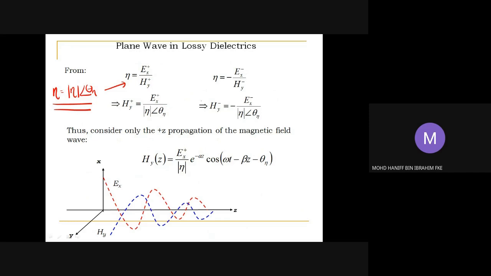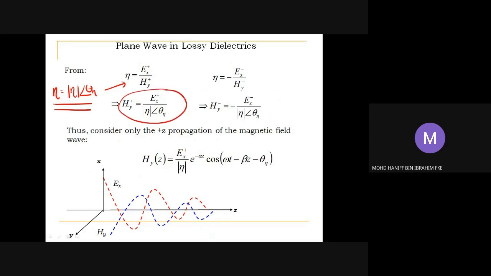The E and H will have a phase difference, which depends on the value of theta. Evidently, it's shown by this equation here, when we substitute eta as the amplitude and the phase.